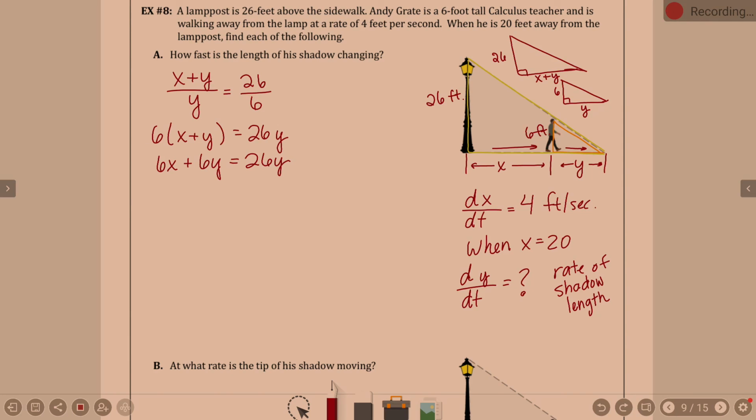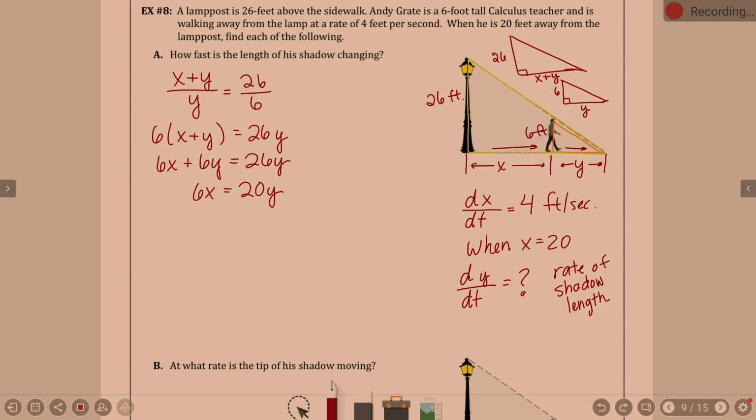You get the y's together. If I subtract 6y over, I'm going to have 6x equals 20y. You can leave it like this if you want. To be honest, I'd go ahead and make it y equals, because eventually we're going to be solving for dy/dt, aren't we?